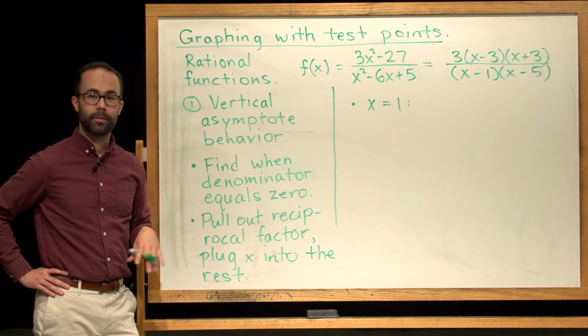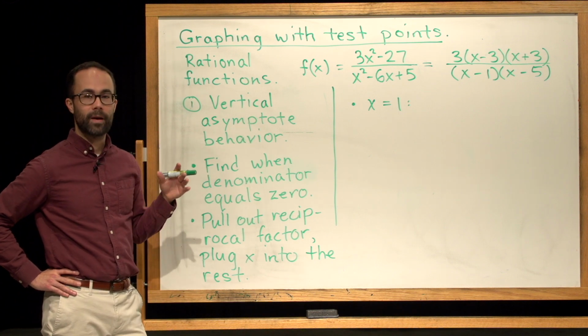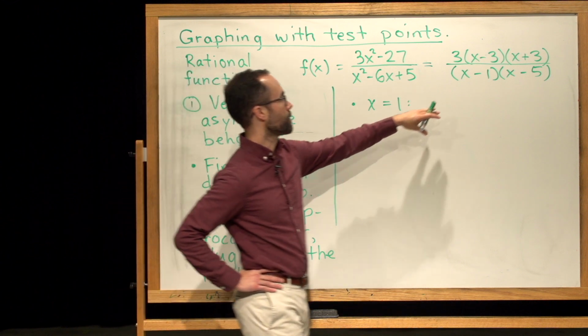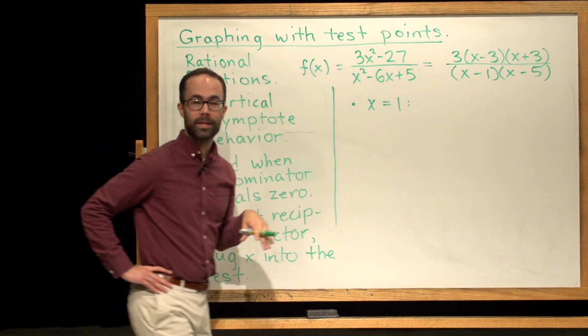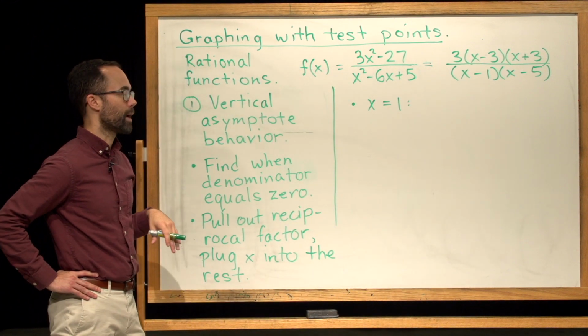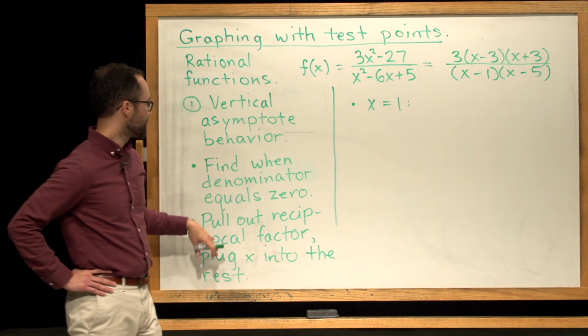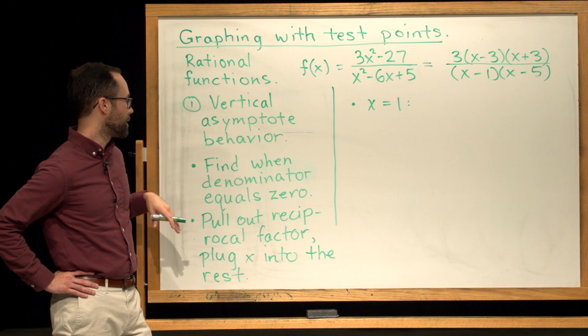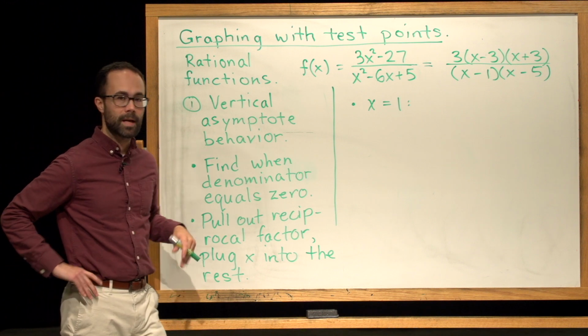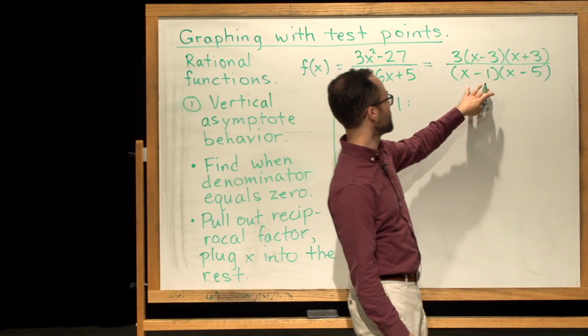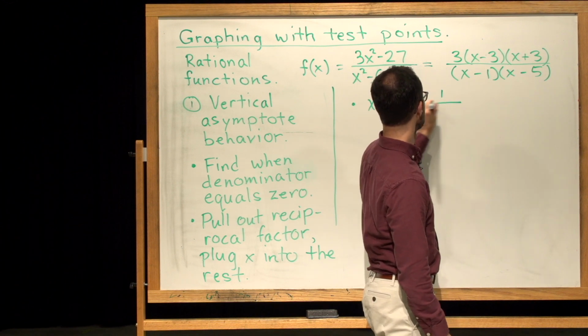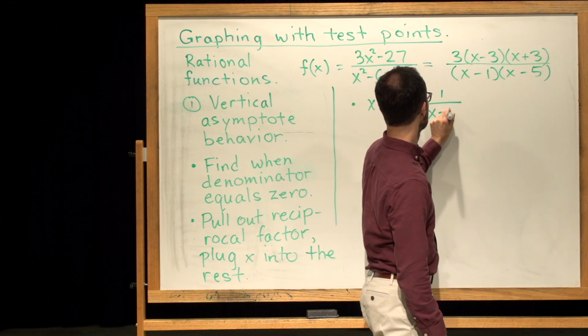Now I've set up the very first one. We can see that if x is equal to 1, our first factor in the denominator is 0, so we would have a vertical asymptote at that point. So going through the steps, we found when the denominator is 0. Let's take out that reciprocal factor. In this case, it's the x minus 1. So I'll have 1 over x minus 1.